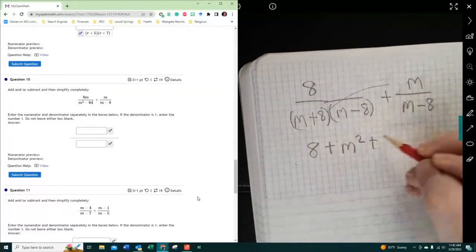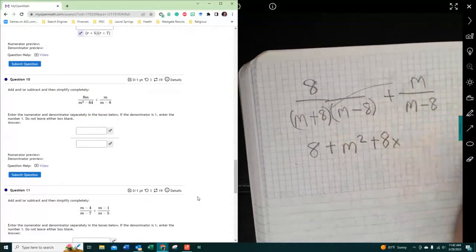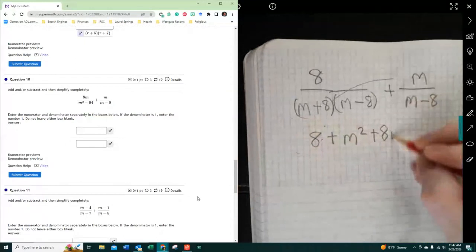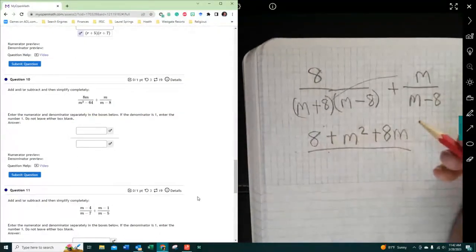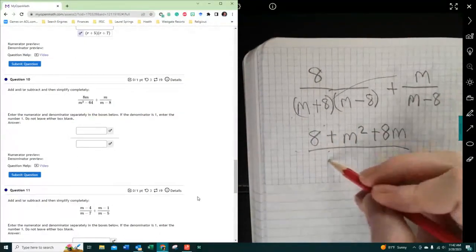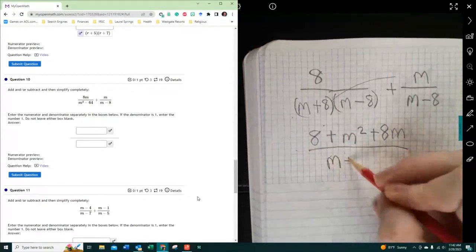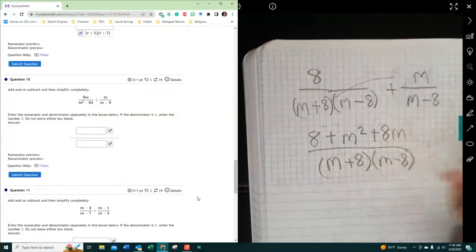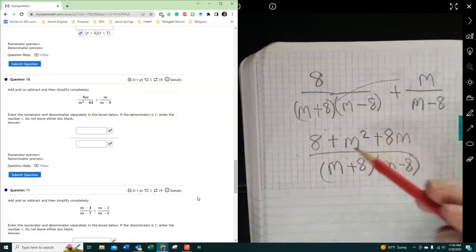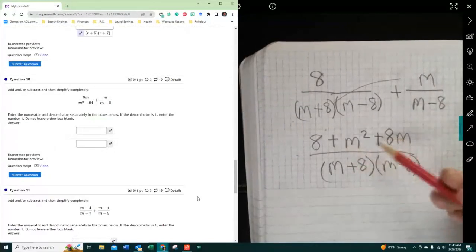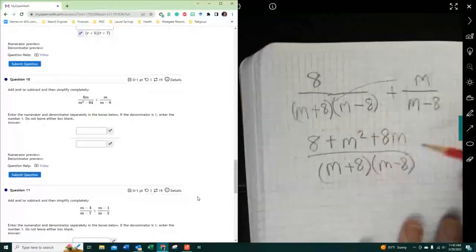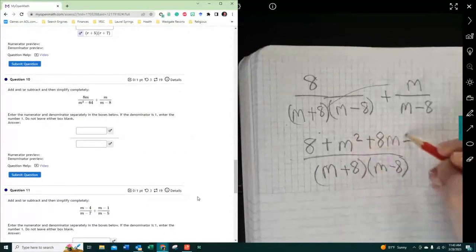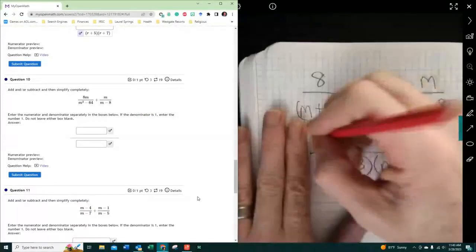And then I have plus 8m over the denominator, which is now this. And then I'm going to go ahead and combine. I can't combine anything, so I can rewrite this as just simply m squared plus 8m plus 8. I'd rather write it that way.